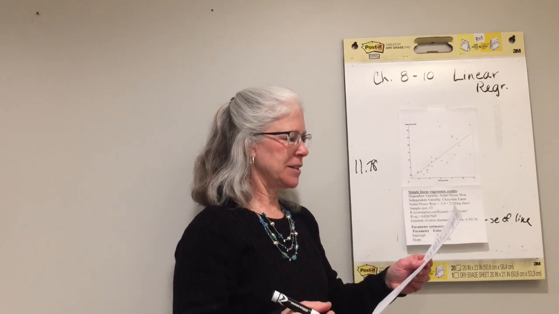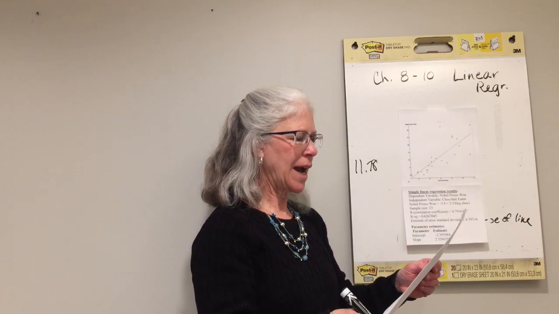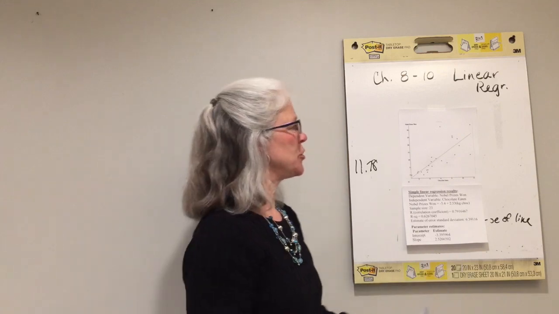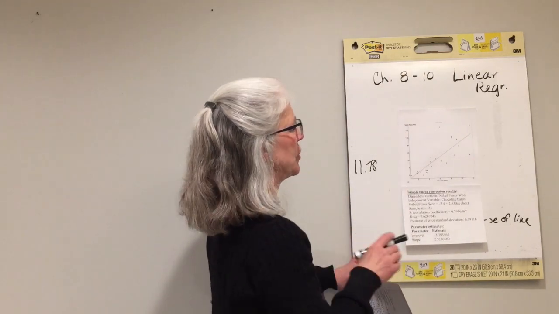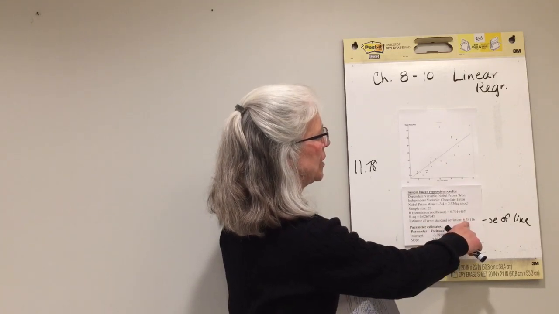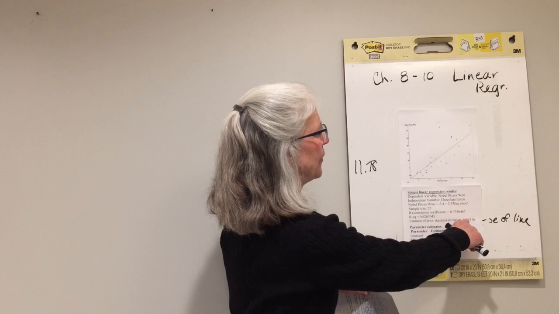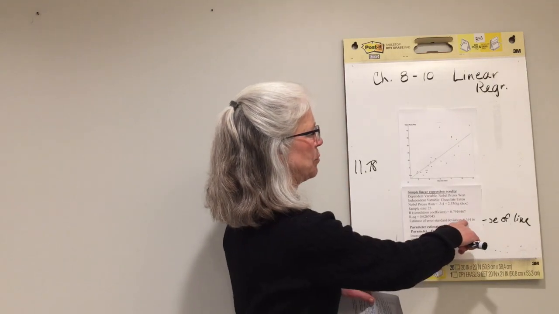The standard deviation of Nobel Prizes was 10.22. So if we looked at the standard deviation just of that all by itself, that was 10.22. So we've decreased the spread quite a bit from 10.22 to 6.39. So this is a pretty good fit. It's not great, but it's pretty good.